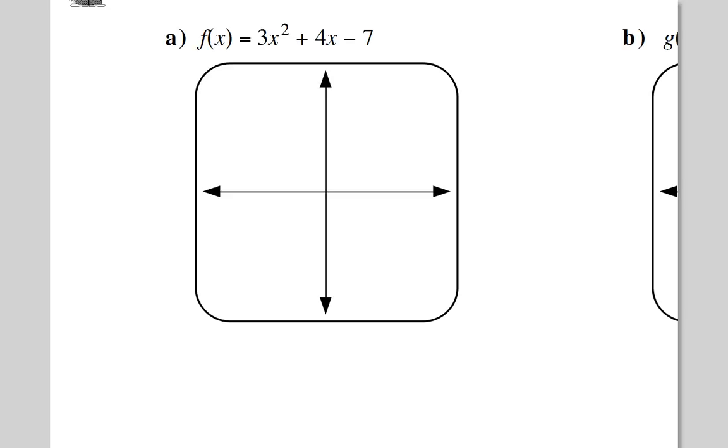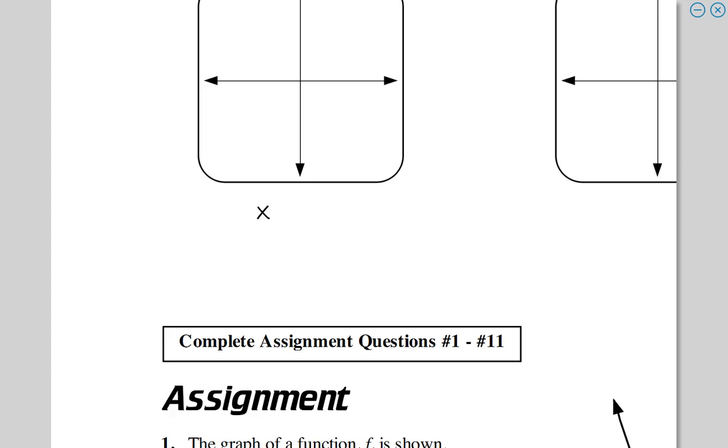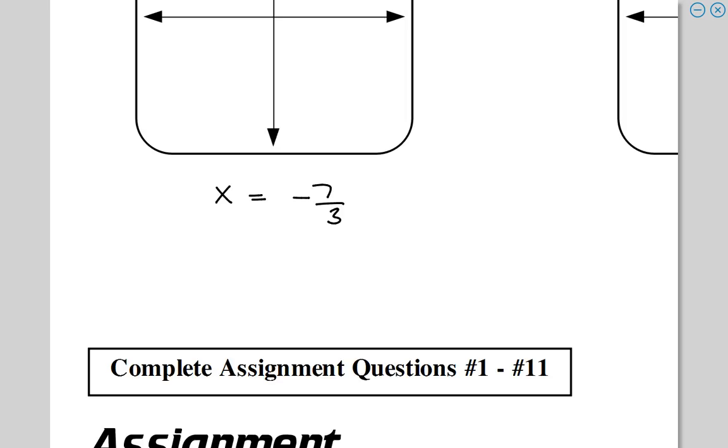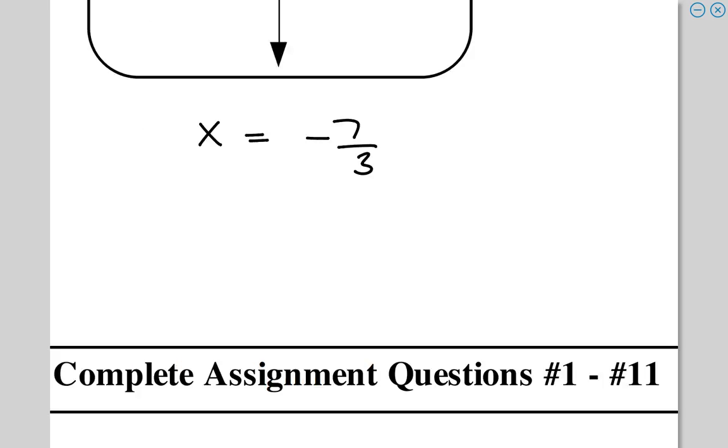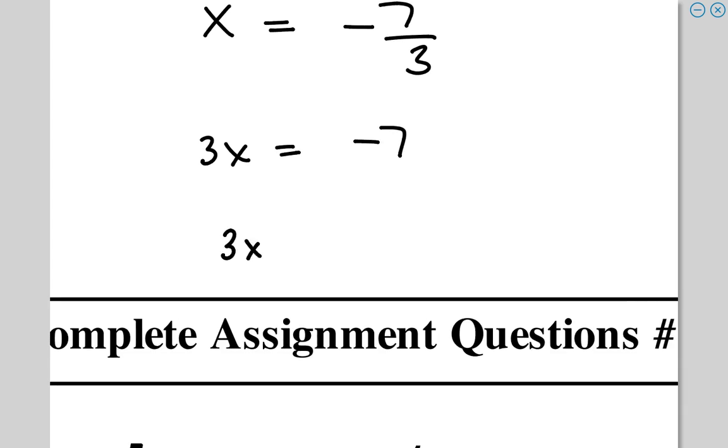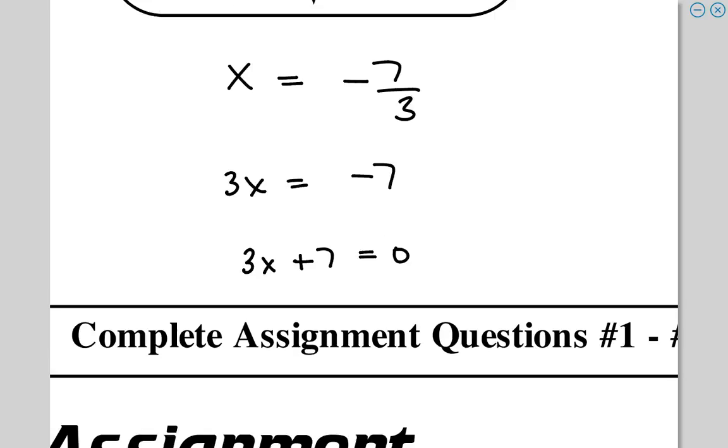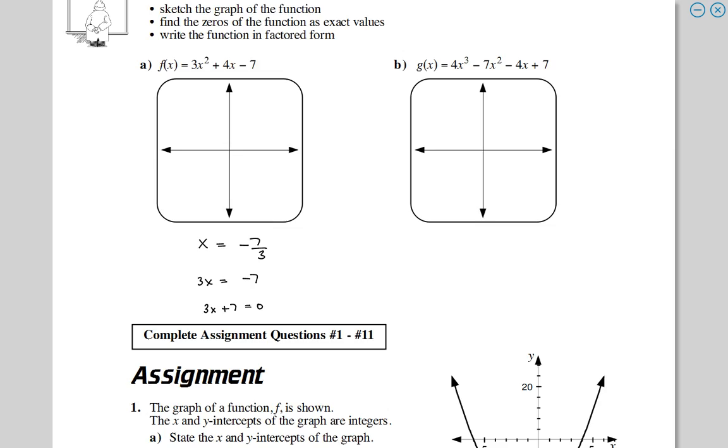So we know that x is negative 7/3. Okay? To make this the binomial, you have to work backwards. Times 3. And then bring the 7 over. You're like working backwards from the calculator.